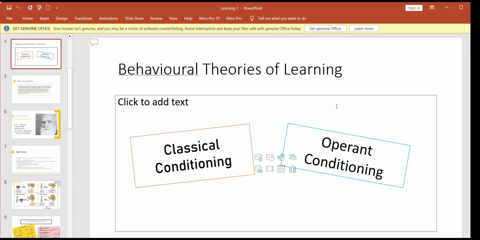Is it clear? If it is not clear, you can tell me, I can repeat. Madam, please repeat it, madam.